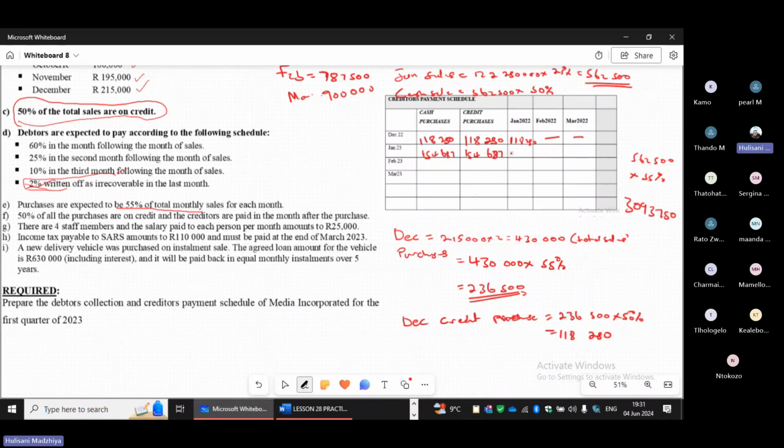The credit purchase for January will then be paid in February, which is 154,687. Did you also get the same figure for January?